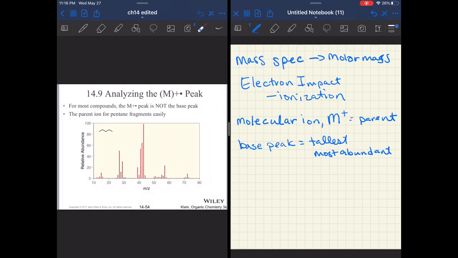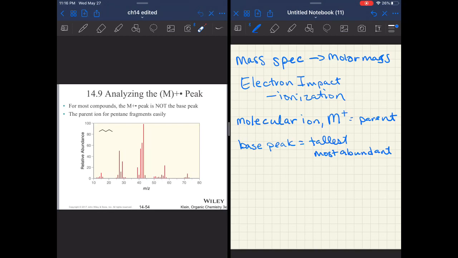The most abundant is that M+ peak. However, when you take something like pentane here and you bombard it, it fragments much more easily. So we have our parent here at what looks to be 72, but it is not the base peak, right? The most abundant peak is down here around 43.